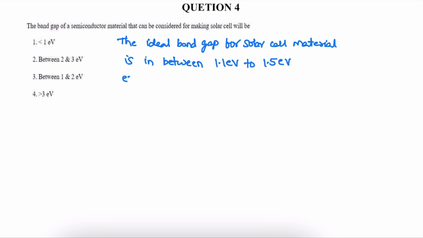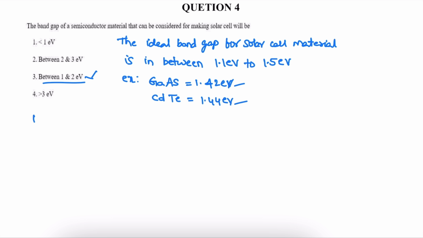Examples are gallium arsenide, 1.42 electron volts, and cadmium telluride, 1.44 electron volts. The solar cell made from cadmium telluride has a bandgap energy of 1.44 electron volts. The solar cell made from gallium arsenide has a bandgap energy of 1.42 electron volts. So the correct option is it lies between 1 and 2 electron volts.